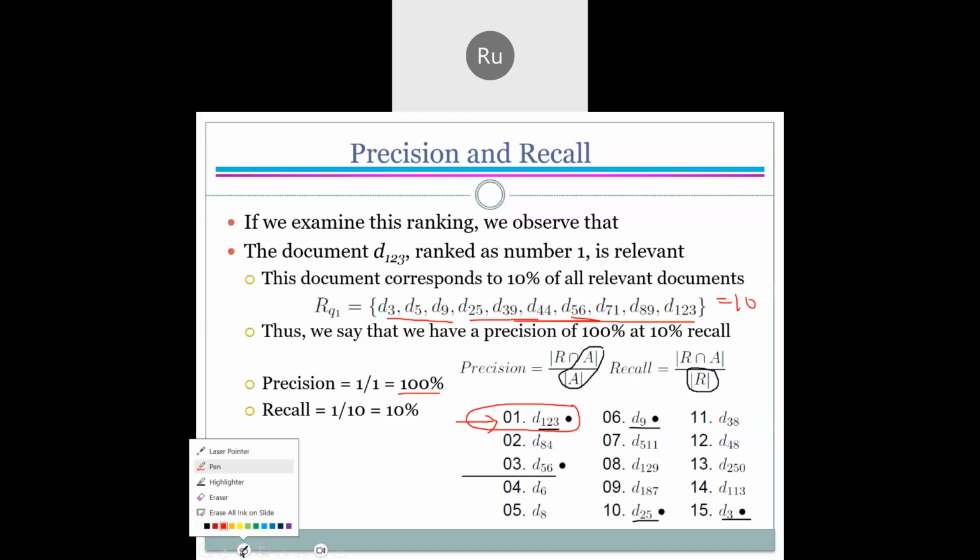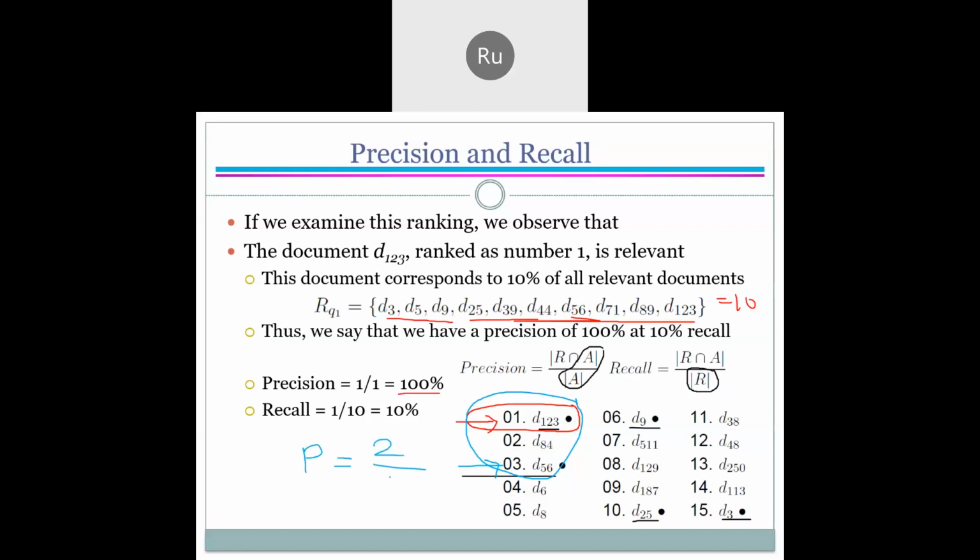Now let's move to the next one, which is here. So we are looking at this portion here. From here, the precision will be what? We have 3 documents, so out of 3, we have 2. So the precision is, any question?